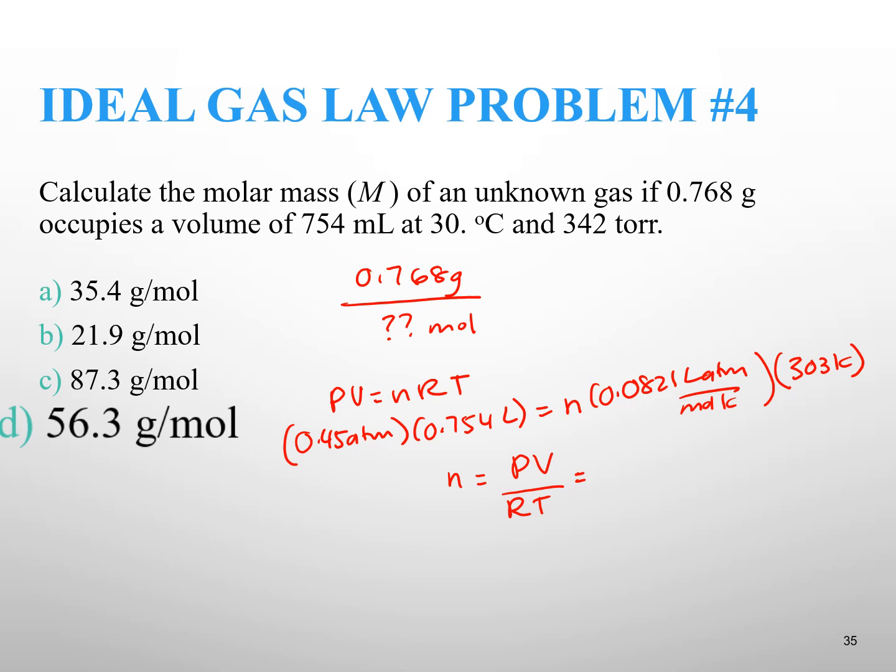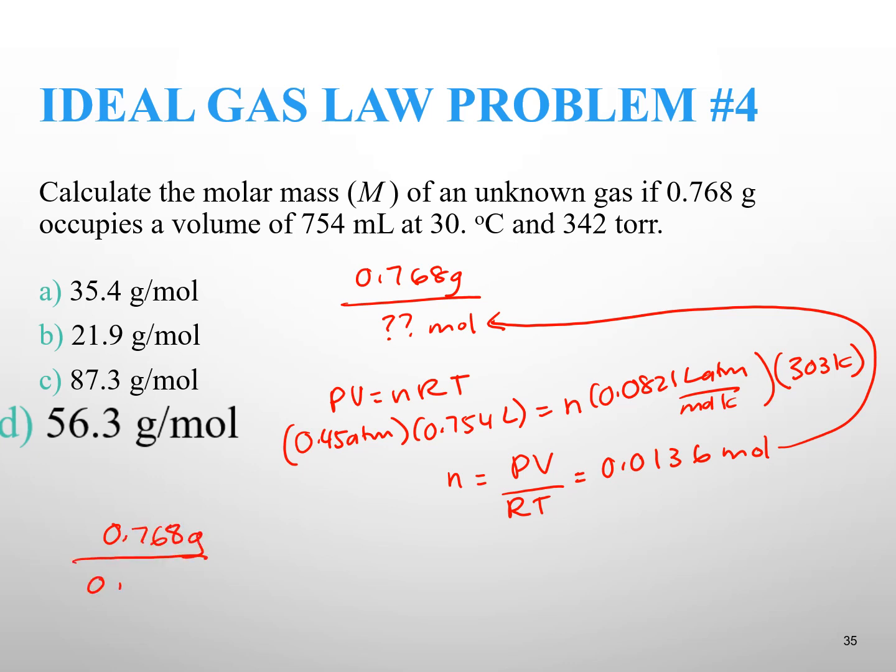You'll get the number of moles as 0.0136 moles. Then you take this number and put it on the bottom. That will give you molar mass. So if you take 0.768 grams divided by 0.0136 moles, you should still get the answer D. It's actually simpler, but that's an alternative way to calculate it.